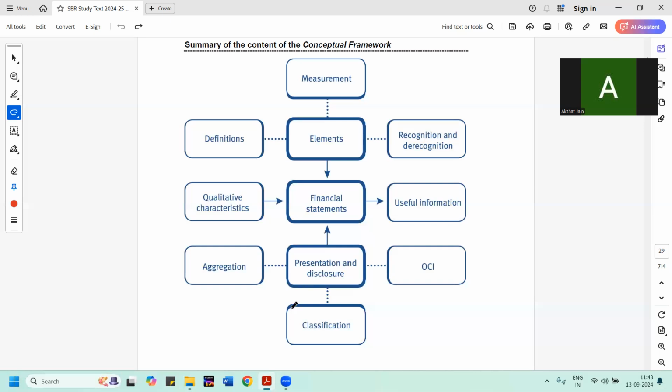So, if assets are classified as assets together, it helps the audience of the particular financial report understand, okay, these are the assets, we know the definition of assets, but what are the company's particular assets?